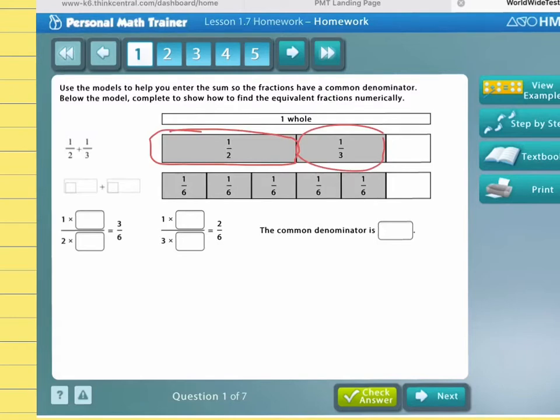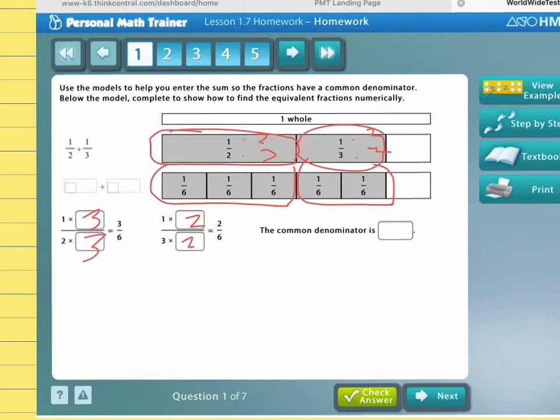So you convert halves into sixths and thirds into sixths, and you can see that if you multiply numerator and denominator by a common multiple, so in this case half, you'd multiply that by 3, so times 3 times 3, and you end up with 3/6, and then 1/3 you multiply by times 2 times 2, and you end up with 2/6.